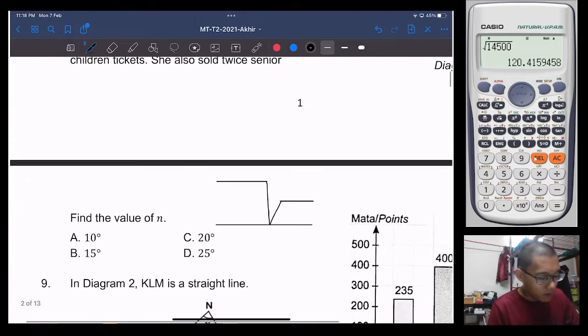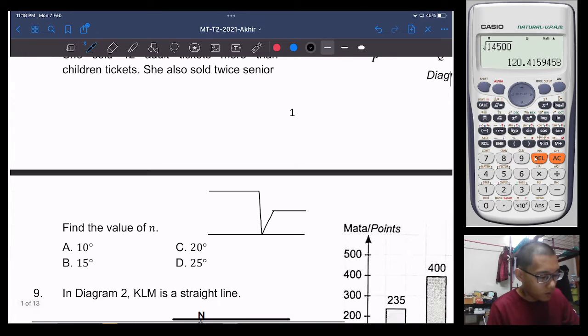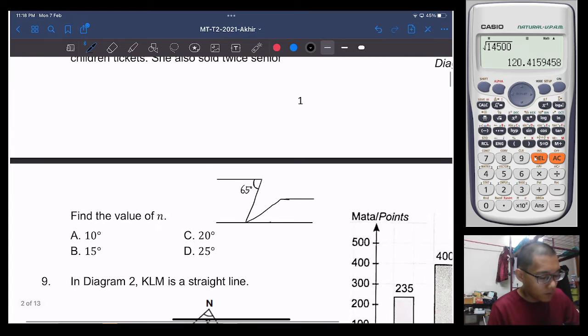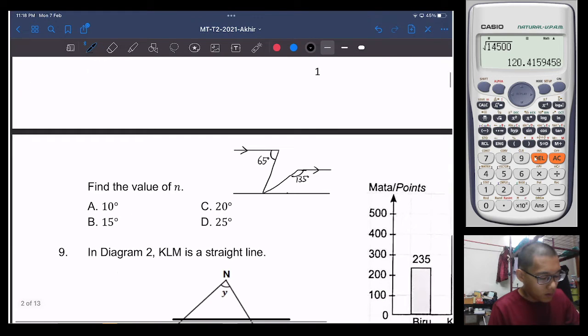Oh, 65 only, sorry. If it's 65 only, I try to do it like this. Don't go by this one, our measurement is not the same as the actual one. So we have 65, and another is 135, if not mistaken.